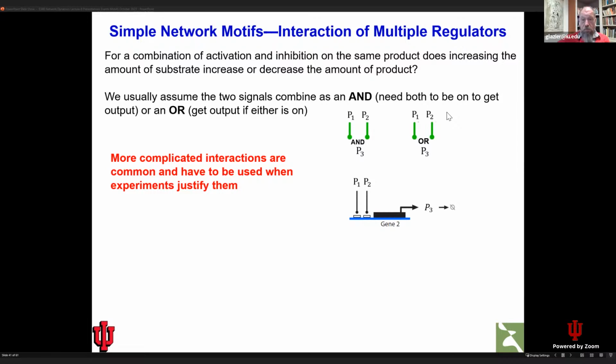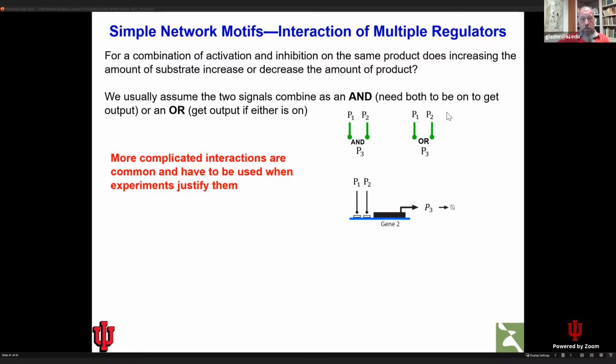Unfortunately, maybe not unfortunately for biology, but unfortunately for people who want to write mathematical representations of biology, especially for gene regulatory networks, quite often you have quite a few signals coming into the same gene. Some of them may be activators, some of them may be inhibitors.